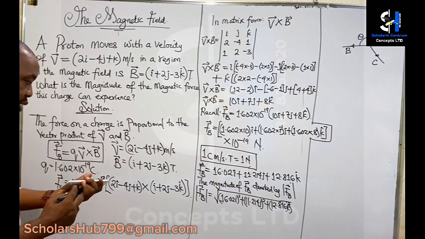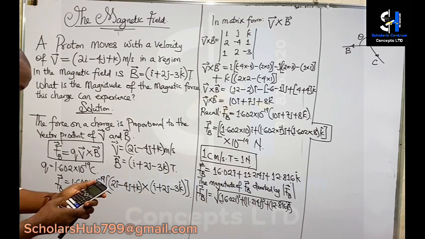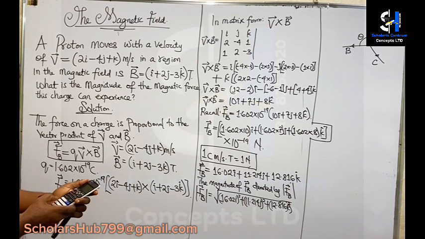All right, so let's get the values: 16.02 square plus 11.214 square plus 12.816 square.